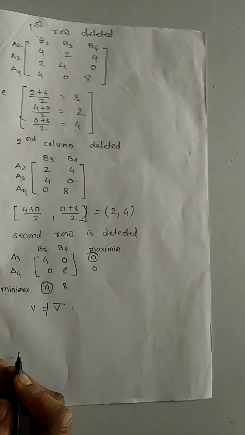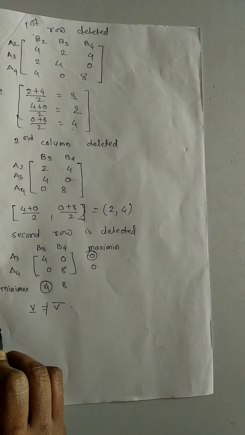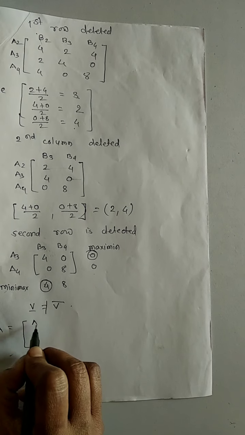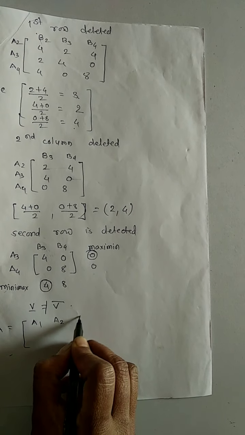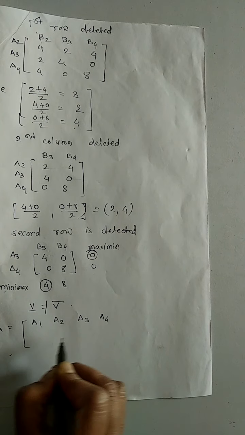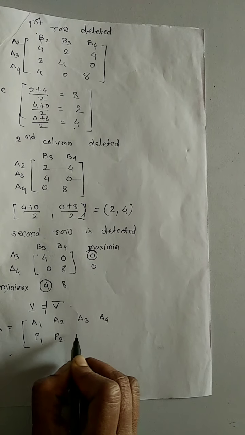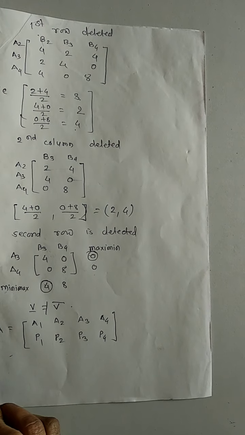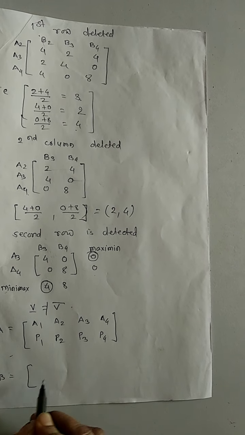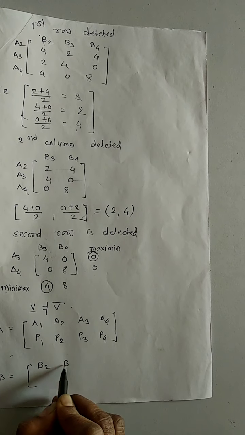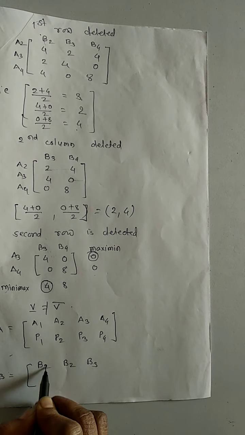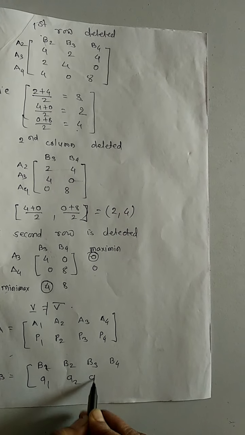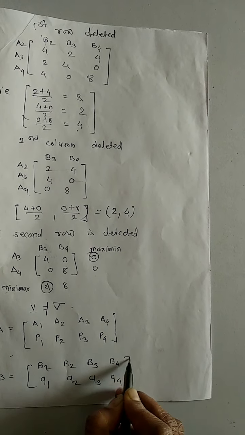Then the optimal mixed strategies for player A, SA, and player B, SB, are SA is equal to A1, A2, A3, A4, P1, P2, P3, P4, and SB is equal to B1, B2, B3, and B4, that is Q1, Q2, Q3, and Q4.